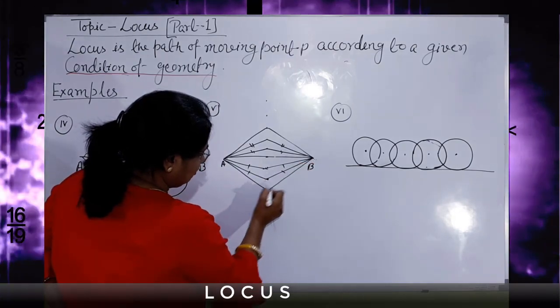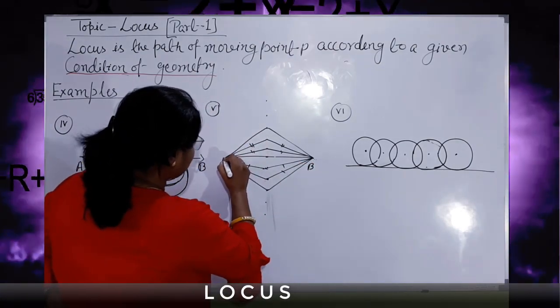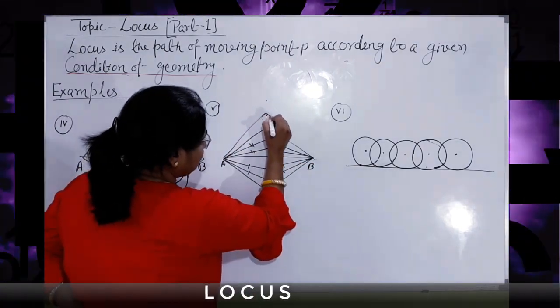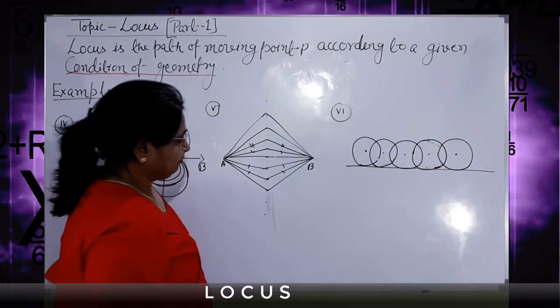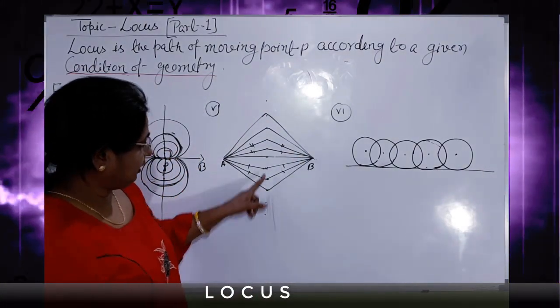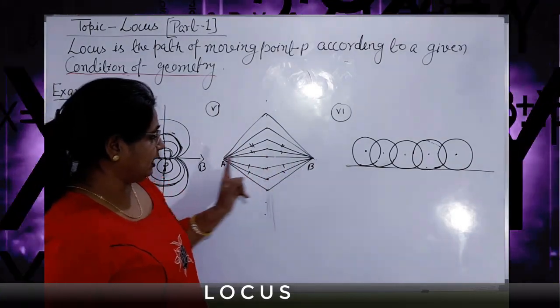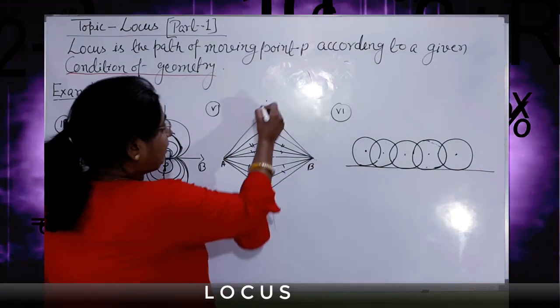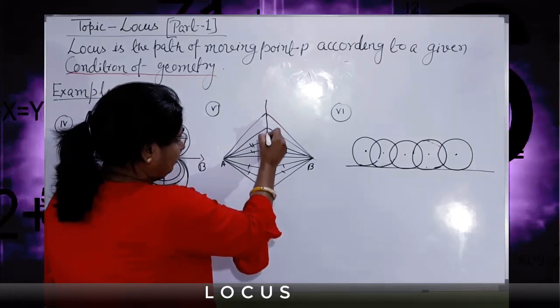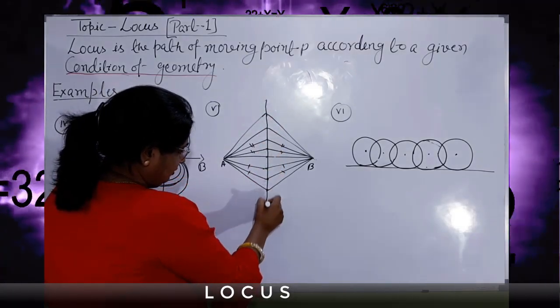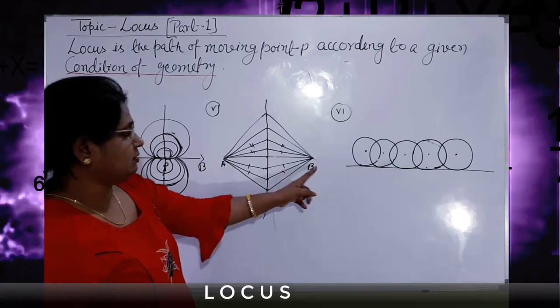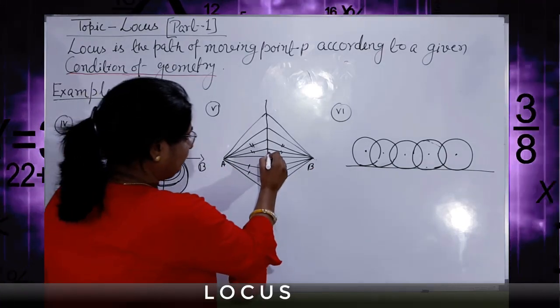We can say there is a formation of a lot of isosceles triangles. Then the locus of all the points which are equidistant from both points A and B is the perpendicular bisector of the given line segment AB.